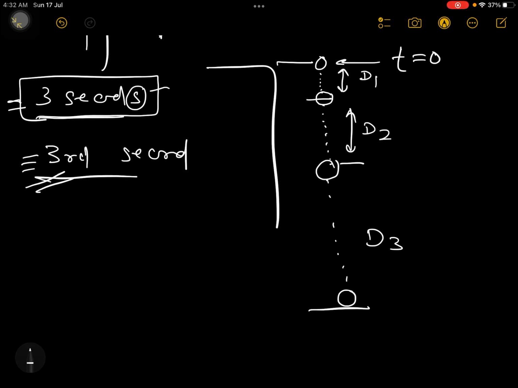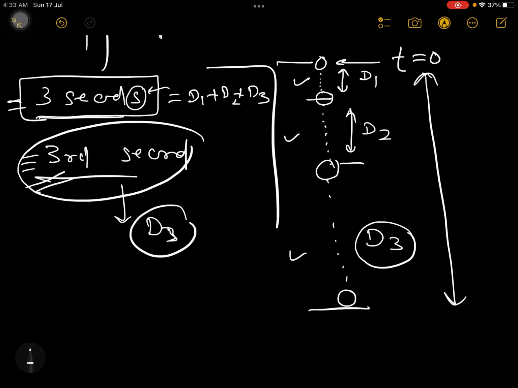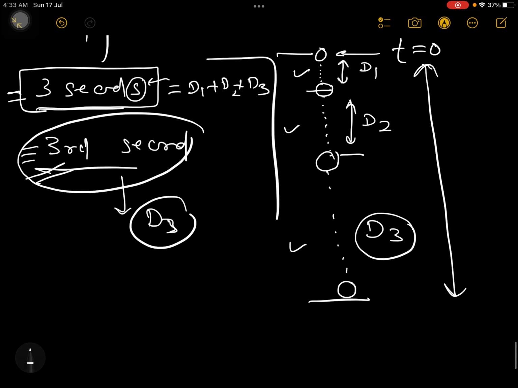So 3 seconds means the first second, second second and third second all added together, that is d1 plus d2 plus d3. But third second means only d3, d3 alone. I hope it's clear, d3 only. That is the meaning of distance traveled in nth second, dn.